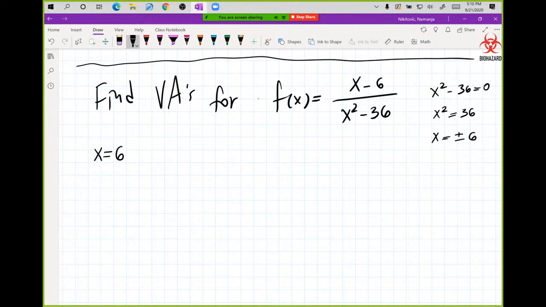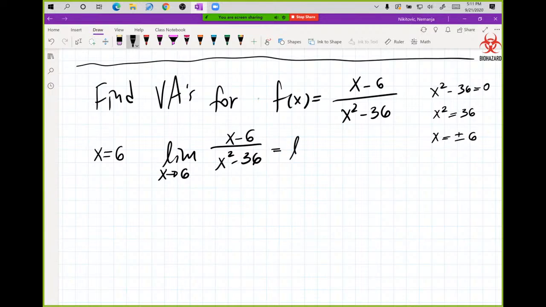x equals 6. Check it. The limit as x goes to 6 of x minus 6 over x squared minus 36. How do we solve this? Well, we can't plug in 6 because we are getting 0 over 0. So the plug-in method is out of the window, which leaves you with algebra. And dare I say, there is only one method that helps here, which is factoring.